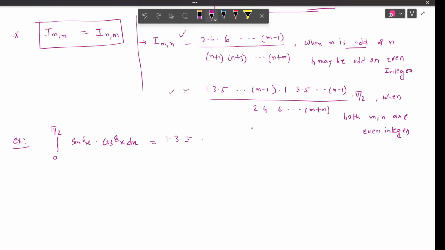That's all. Again 1, 3, 5 up to n minus 1. That is 8 minus 1 is 7. So next term would be 7. And in the denominator, we have m plus n, that is 8 plus 6, 14. So it will go 2, 4, 6, 8, 10, 12, 14 into pi by 2. So if you calculate, you will get 5 pi by 4096.